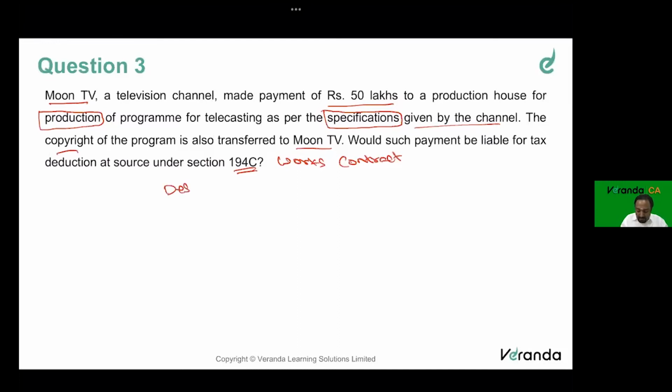The manufacturer designs a product and develops it. Let's take it as A company. Now, this A company is issuing a contract, that is a works contract, to, let's say, B Limited.